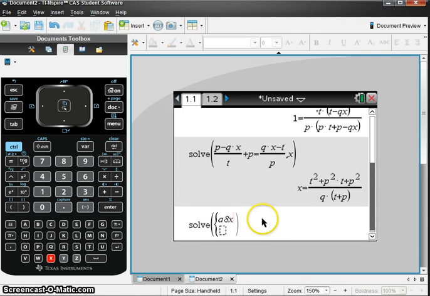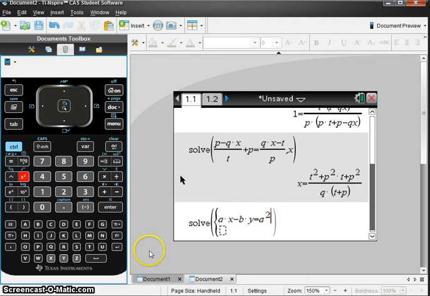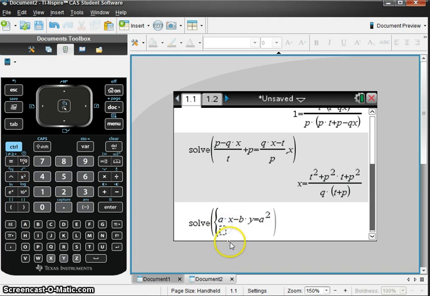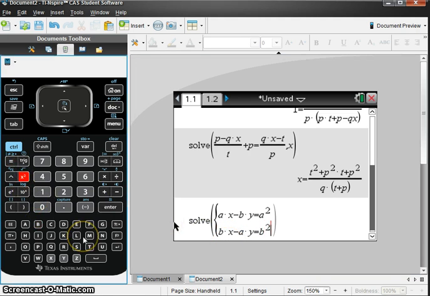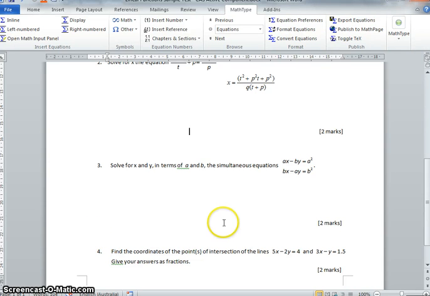It's a times x minus b times y equals a squared. And then in here, it's b times x minus a times y equals b squared. So that's the equation.